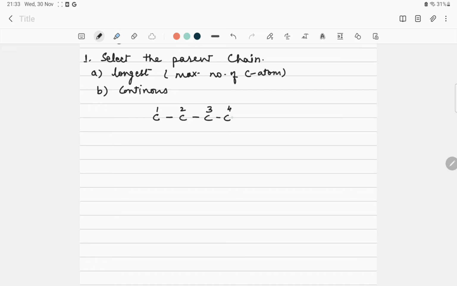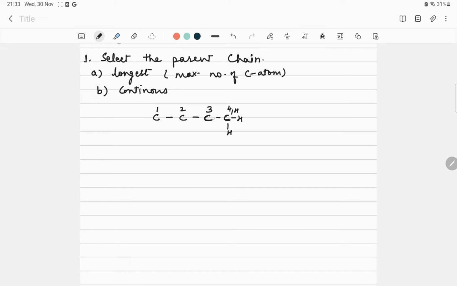Now what about the hydrogen atoms? Carbon cannot exist alone, so there have to be hydrogens also. Now how many hydrogens should be present? You can see here that carbon 4 is bonded with one carbon, so it already has one bond. Because carbon is tetravalent, the remaining 3 will be satisfied with 3 hydrogens.